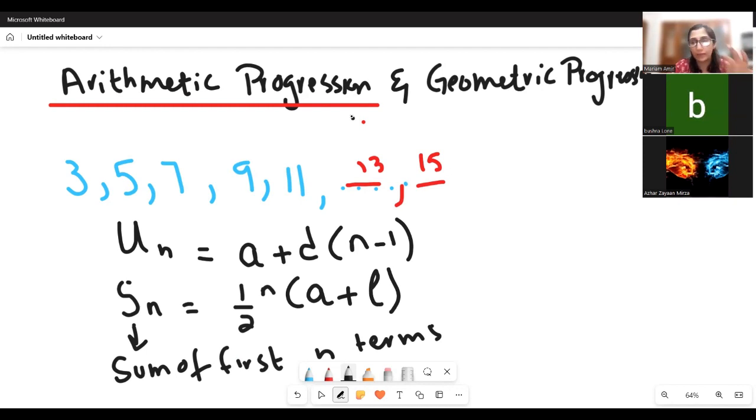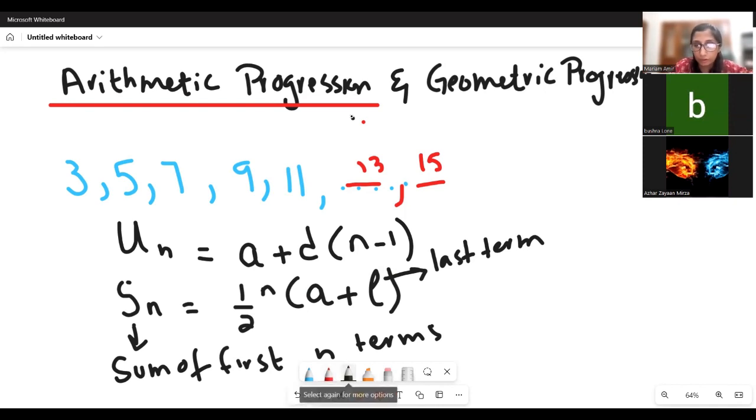Now you know what n is, it's the number of terms, and a is the first term and l is the last term. Now this formula is used when you have the first term and the last term. But sometimes you won't have the last term.